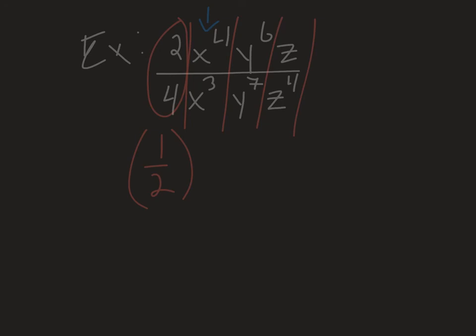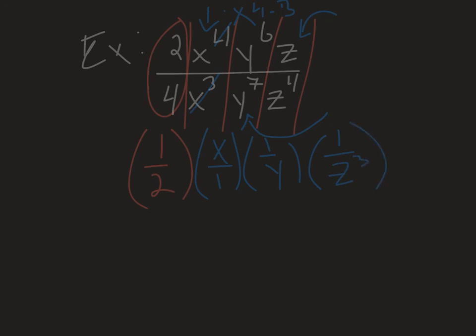So this becomes x to the 4 minus 3, which becomes just x, technically x over 1, because the 3 here cancel with 3 of them up there. Okay? Likewise, we look at this y piece, and this would be 1 over y. And then likewise, for the z's, we're going to have 1 over z cubed.